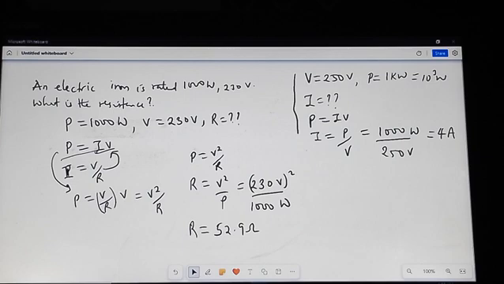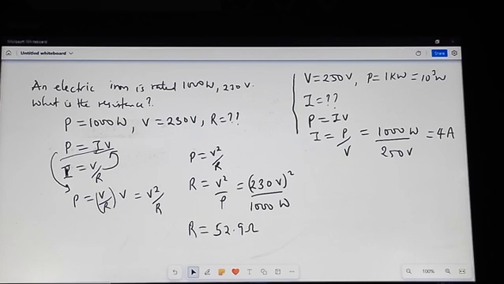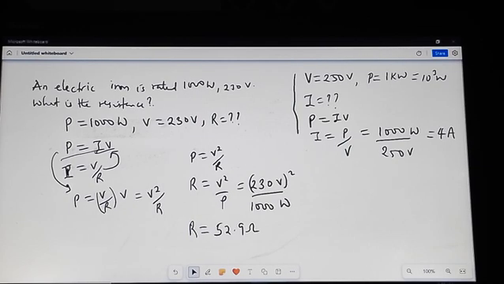So we could end here. So once again, when you are studying problems of this nature, first of all, bring out the parameters. When you get the parameters in the question, it helps you to identify what equation to use.